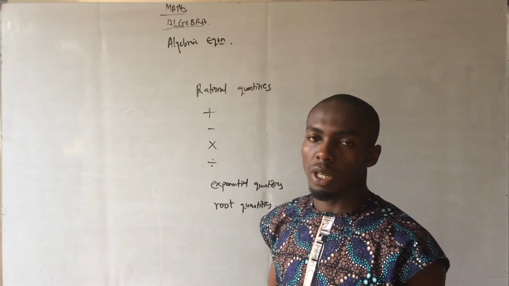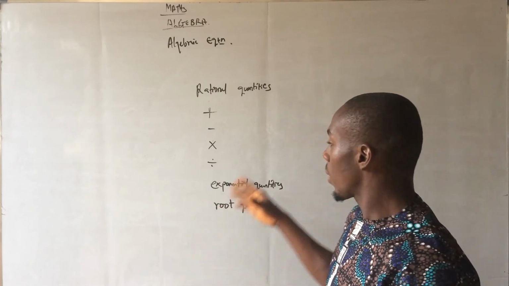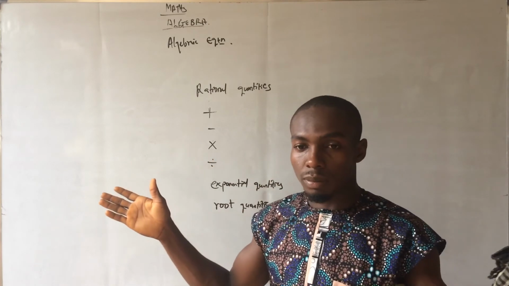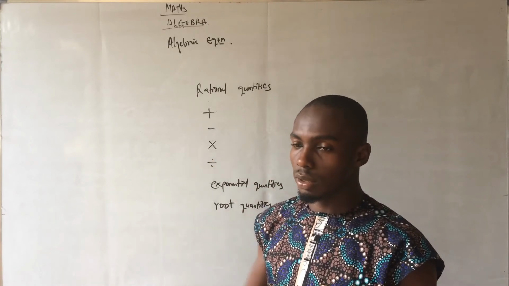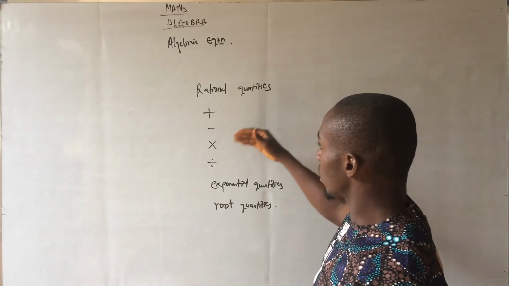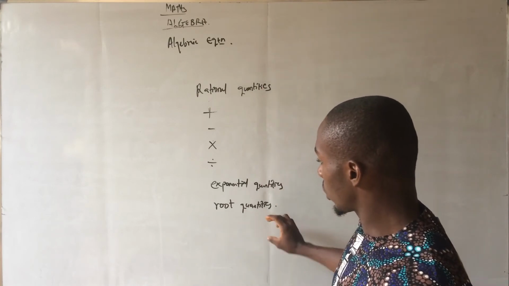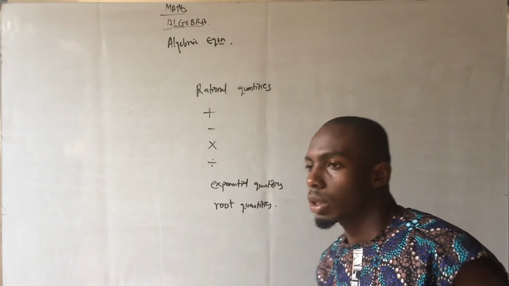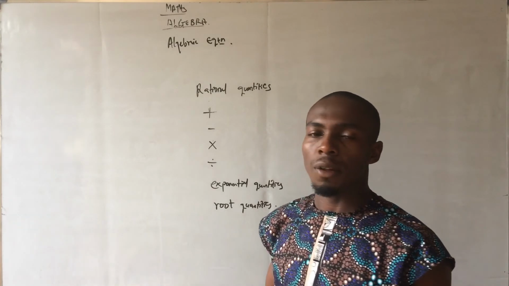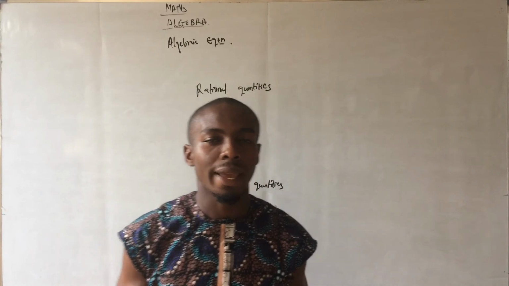We don't need much for now, because as time goes on, step by step, your knowledge gets big. So this addition, subtraction, multiplication, division, exponential quantities, and the root quantities, all these are some of the things we need to start working in algebra.